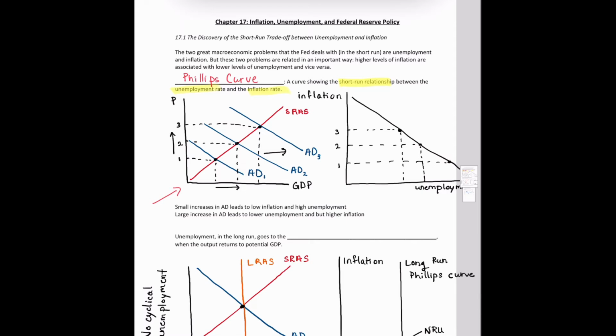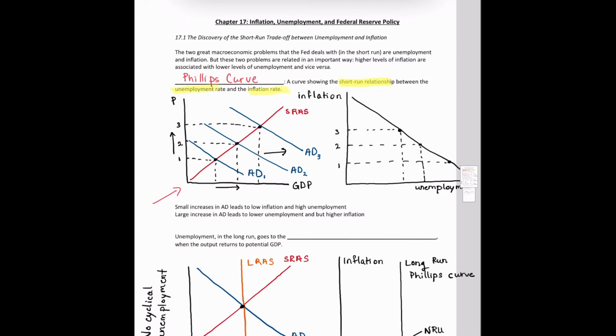But that would be like shifting from AD1 to AD2. However, if we shift from AD1 to AD3, we can see a lower unemployment rate, but more inflation. So a stronger AD shift will cause lower unemployment and more inflation.